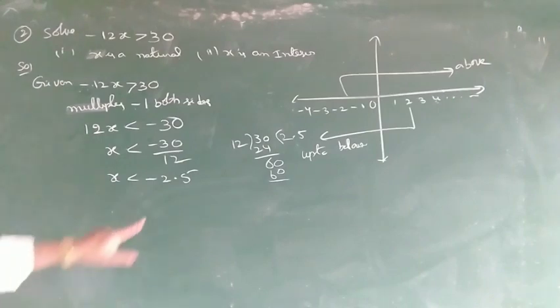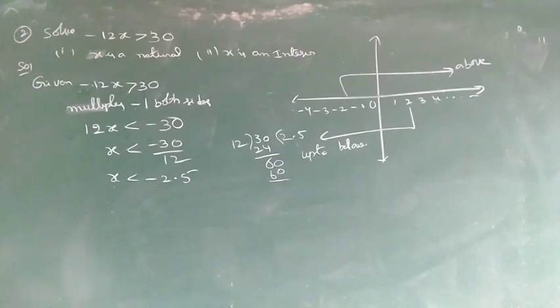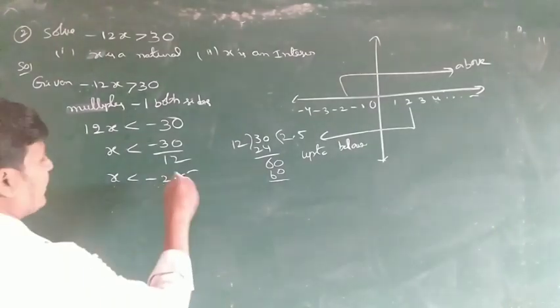Less than means what? Below. Below means right to left. So x less than minus 2.5. What is the highest number? The highest number is minus 2.5.